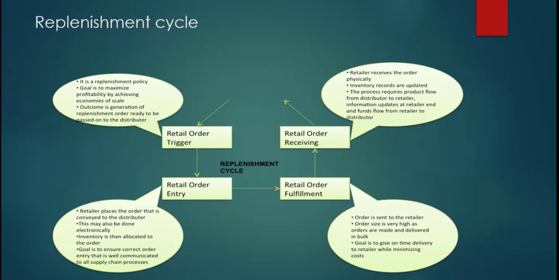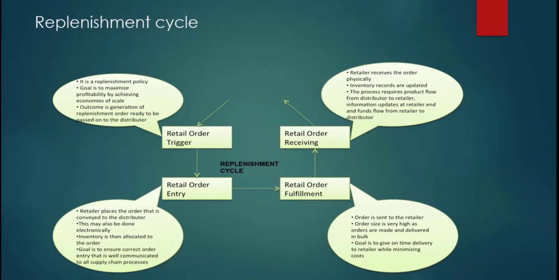A replenishment cycle may be triggered at a supermarket that is running out of stock or low on stock of a particular item. The replenishment cycle is similar to the customer order cycle, except that the retailer is now the customer, which means it happens between retailer and distributor. The objective of the replenishment cycle is to replenish inventories at the retailer at minimum cost while providing high product availability.